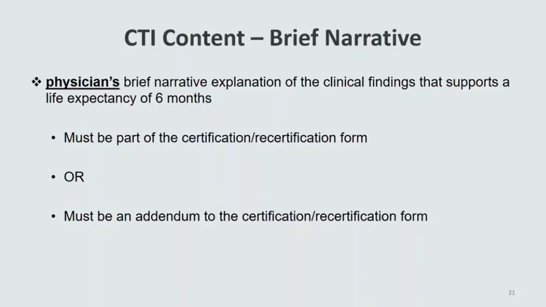Many hospices have the physician's narrative on another form. They've got something called a CTI, and it will have the dates of the CTI at the top. It will have the general statement about the patient's terminal prognosis. And then there will be another sheet of paper that contains the physician's narrative.